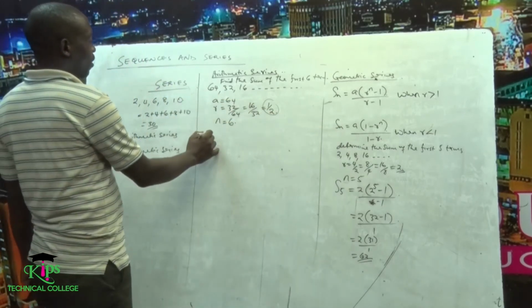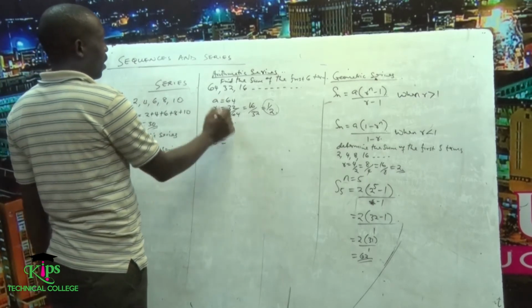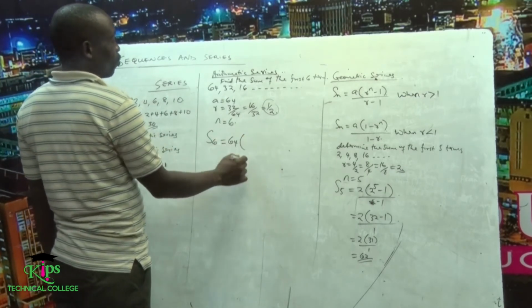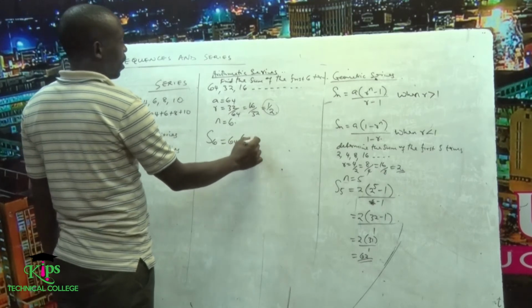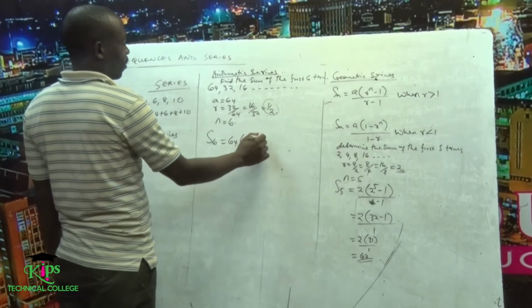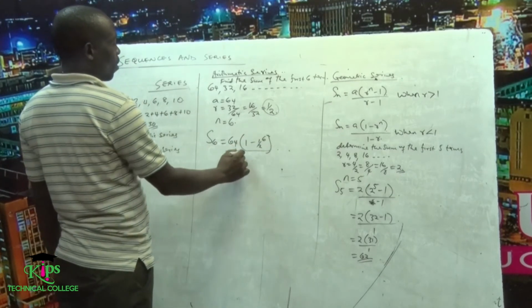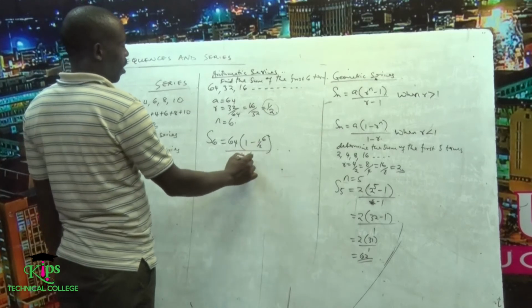And then we can say that the sum of the first 6 terms will be given by A, which is 64, into bracket 1 minus R, which is a half, power n, which is 6. Then we divide by 1 minus R, which is a half.